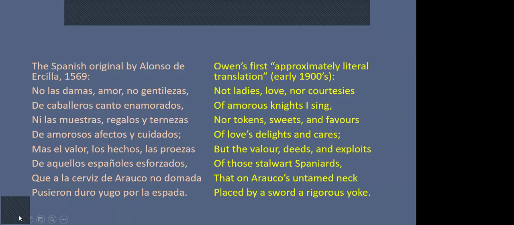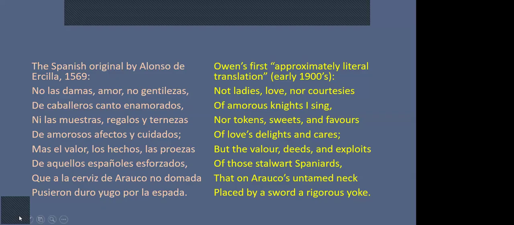No las damas, amor, no gentilezas, not ladies, love, nor courtesies. De caballeros, canto enamorados, of amorous nights I sang. Ni las muestras, regalos y ternezas, nor tokens, sweets, and favors, de amorosos afectos y cuidados, of love's delights and cares.